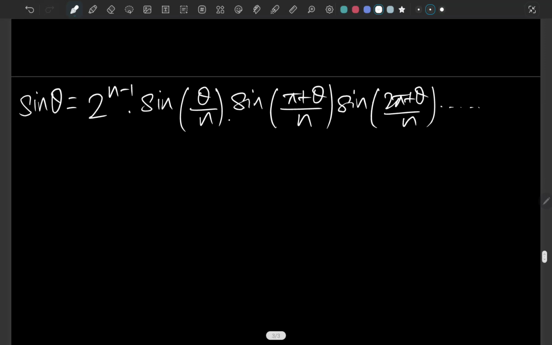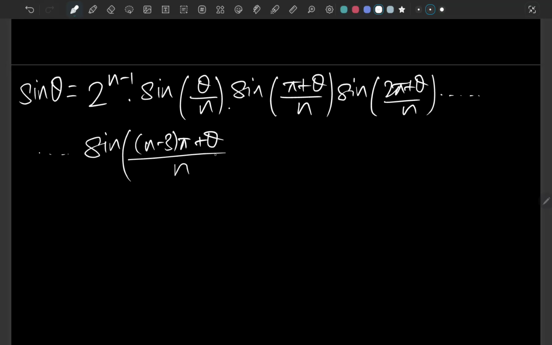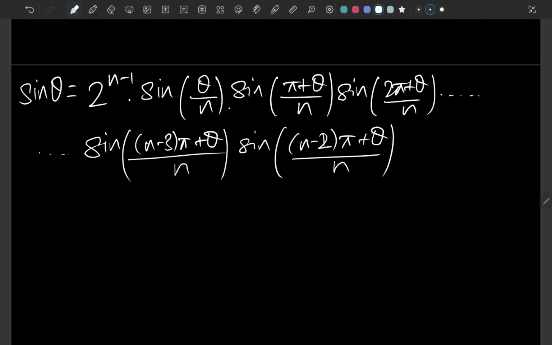If we talk about n terms, this goes up to the third last term, sine of n minus 3 pi plus theta over n, then sine of n minus 2 pi plus theta over n, and finally sine of n minus 1 pi plus theta over n.